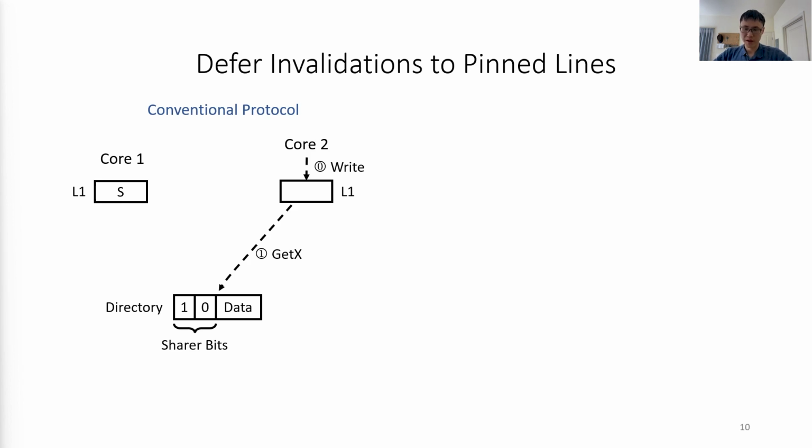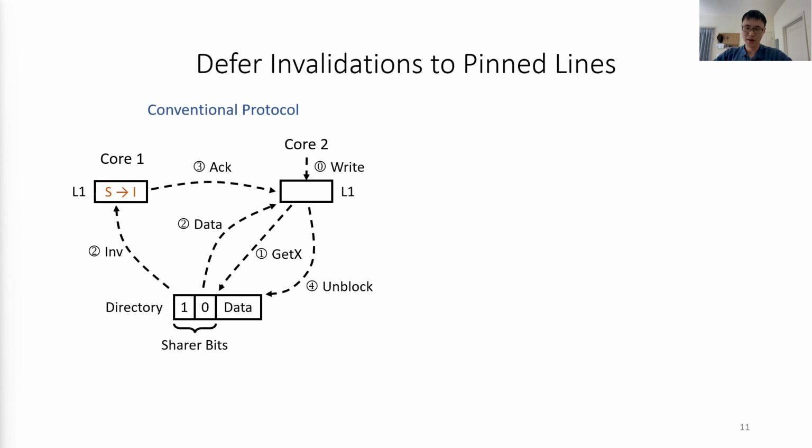Upon receiving the getX, the directory sends the data to core 2 and an invalidation message to core 1's L1 cache. Then core 1 will invalidate its own copy and reply with an acknowledgement to core 2. After receiving the ACK, core 2 finishes the modification and sends unblock to the directory, which ends the write transaction.